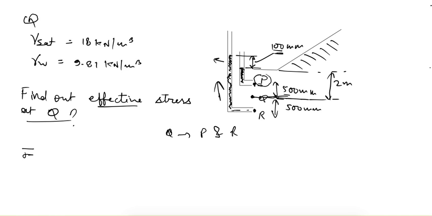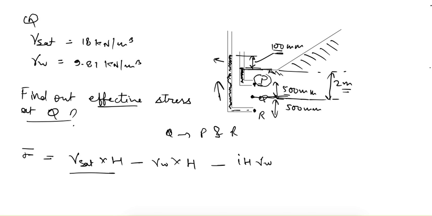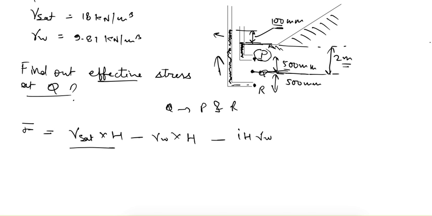In that case, we know that the effective stress decreases. So how is the effective stress given? Effective stress is gamma saturated times height. From the ground level, this height is 2 meter, and minus pore water pressure, this is the total stress, minus pore water pressure, which will be gamma W times the same depth H, and it will decrease by i H gamma W, as we saw in the case of upward seepage.